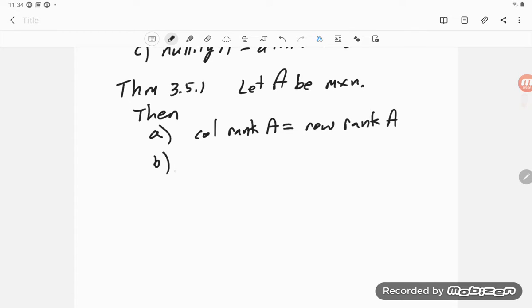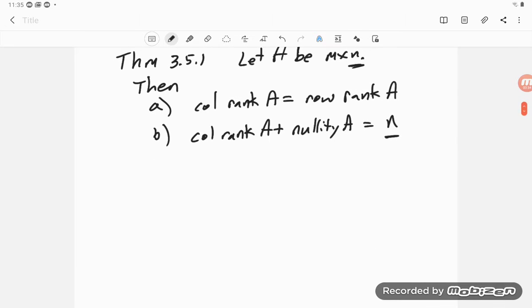And then B, the column rank of A plus the nullity of A will sum to the number of columns n. So that's really nice.